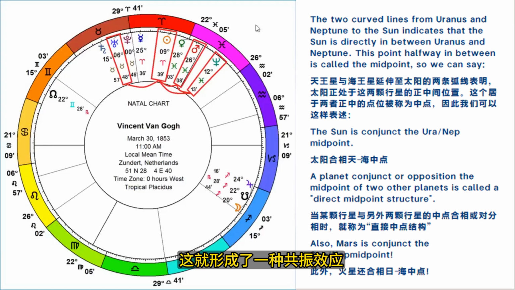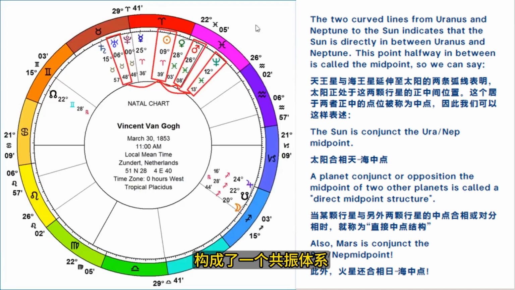So it's a resonance, just like two strings that are the same length at the same vibration. So the Sun-Uranus is vibrating at, you might say, the same frequency as the Sun-Neptune, and it makes Sun-Uranus-Neptune a resonant system.